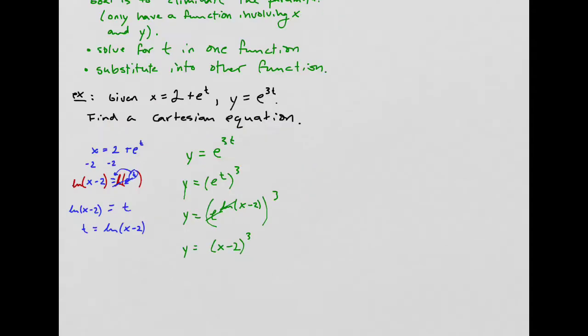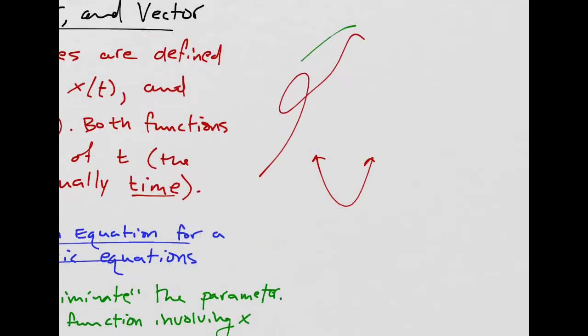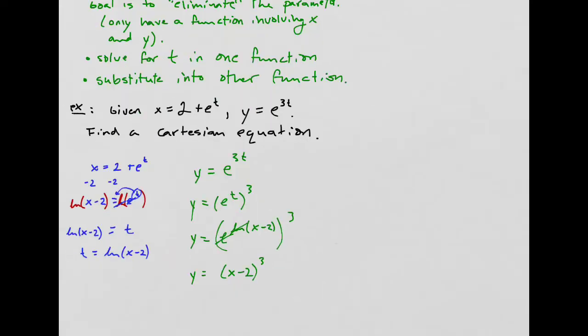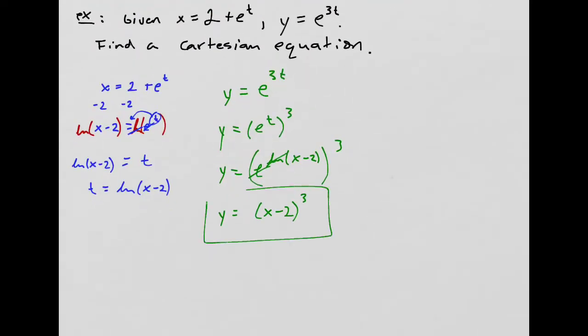Here's something to note. This is what I was saying before. You can get some crazy looking functions with parametric equations. This is a Cartesian equation, but notice that when I solve for t right here, I can't have any negatives on the inside of the log, so that restricts my x values.